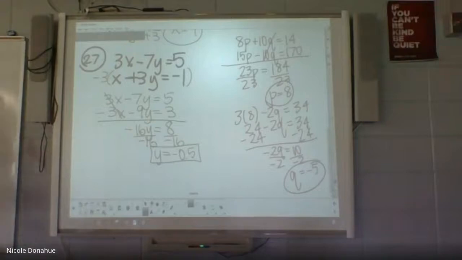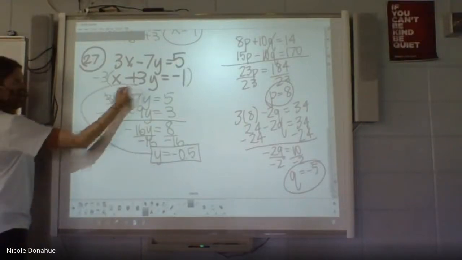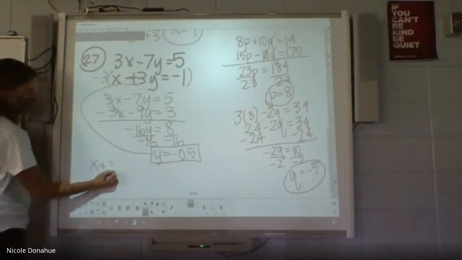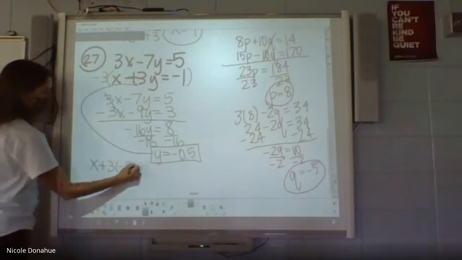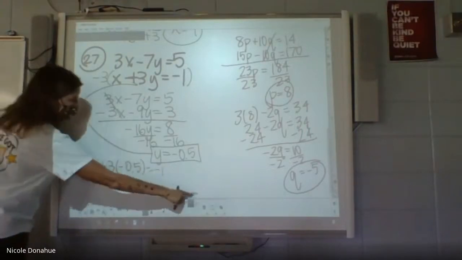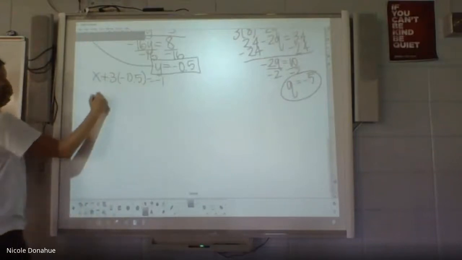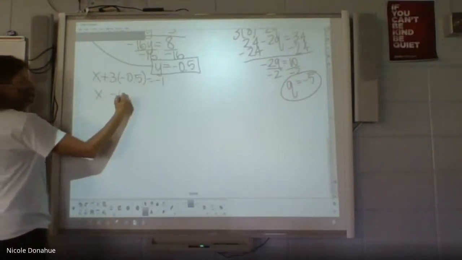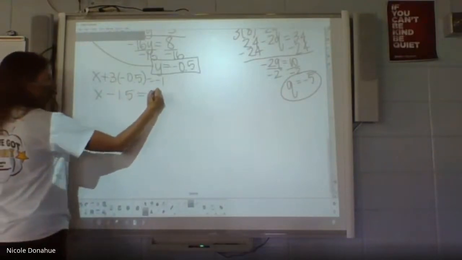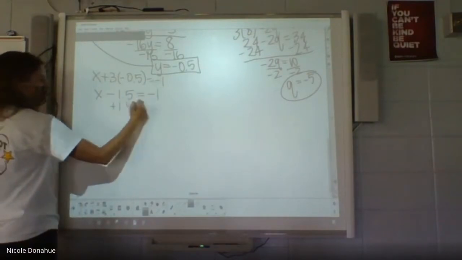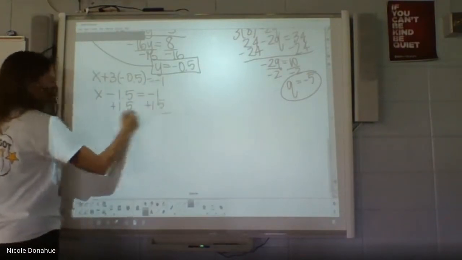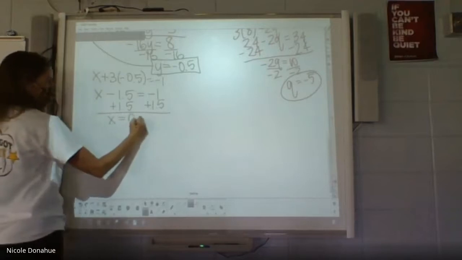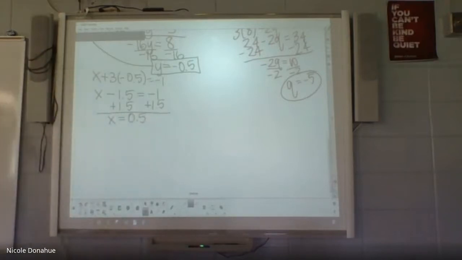Once I know that, I substitute it back in. It's going to be a decimal as well. Then positive 0.5.